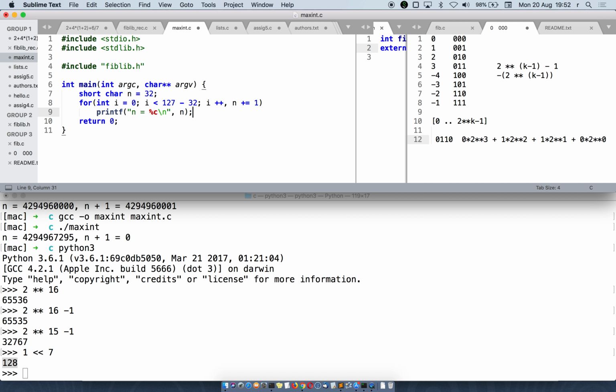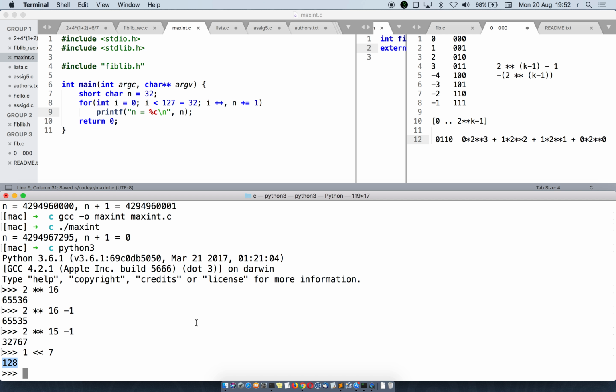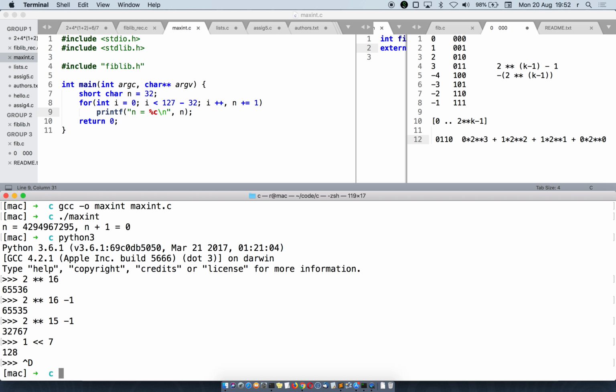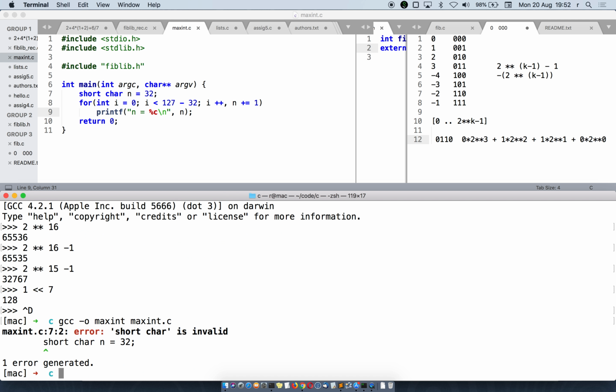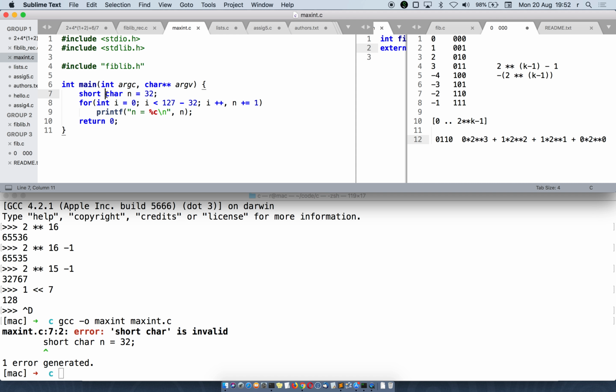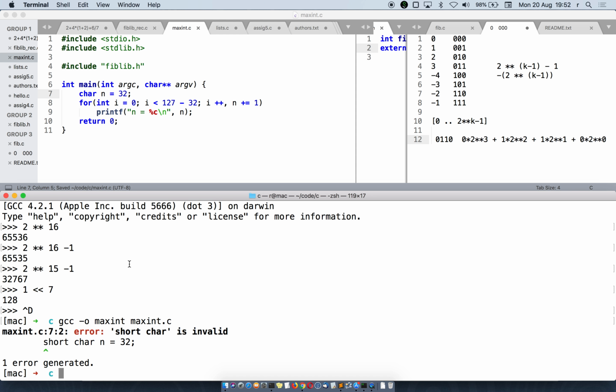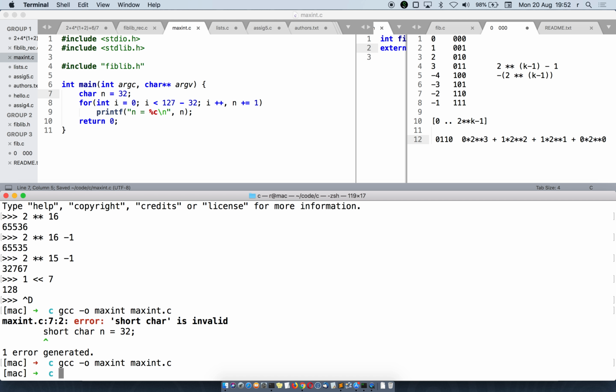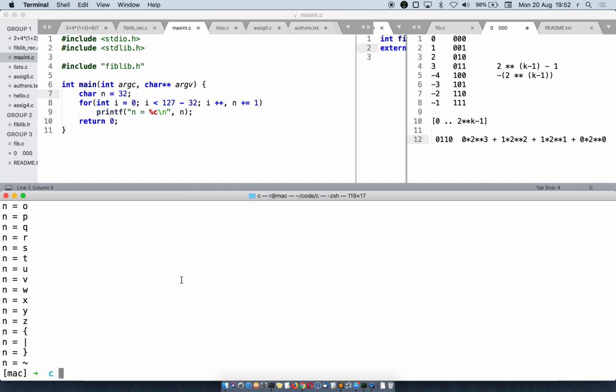So let's run this program and see what comes up. And we shouldn't call it maxint anymore. There shouldn't be a short here. Okay, so what do you see we're printing?